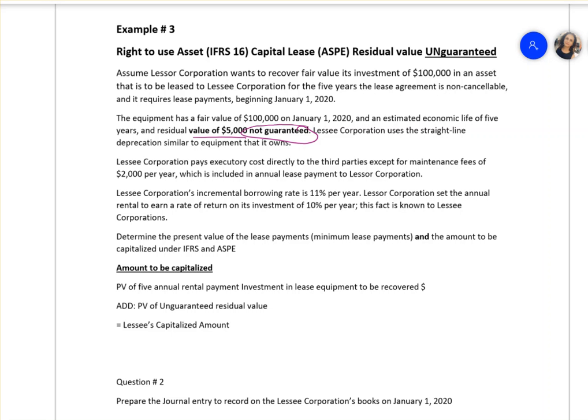So now we know that in the question, we calculated the present value of 5 annual lease payments for the residual value to be recovered. It's exactly similar to the question before, when we calculated the residual value, we knew our payment came out to be 96,895.40.